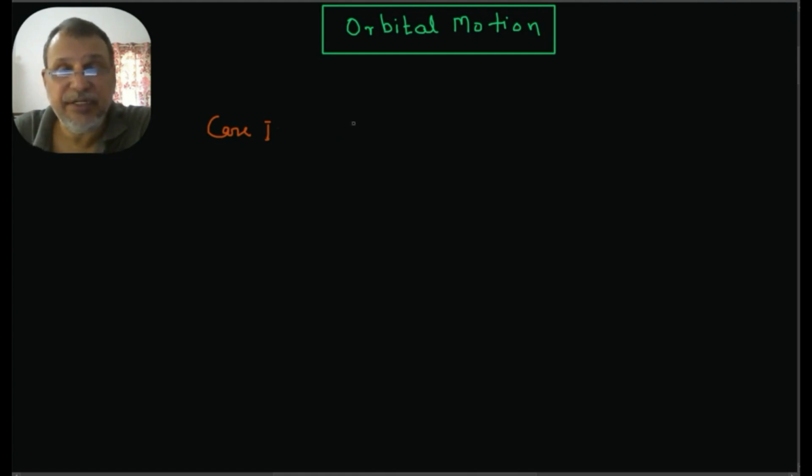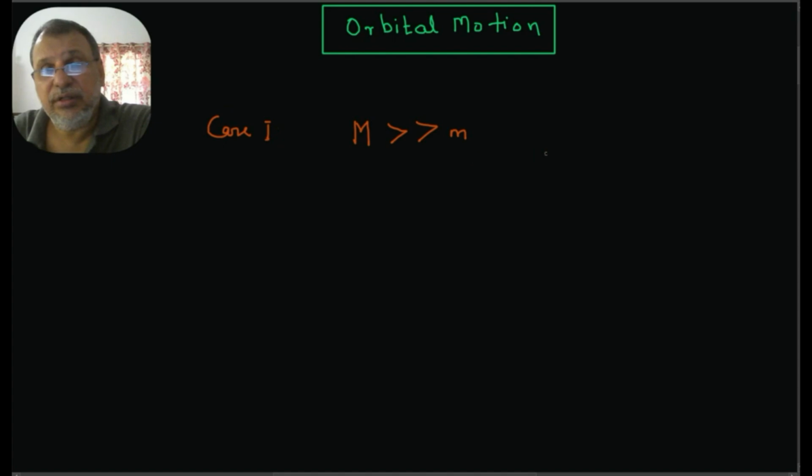Or you can just write capital M, which stands for the body at the center, is much greater than the body which is revolving around the body at the center. And obviously, we assume that the body moves in a near circular orbit.